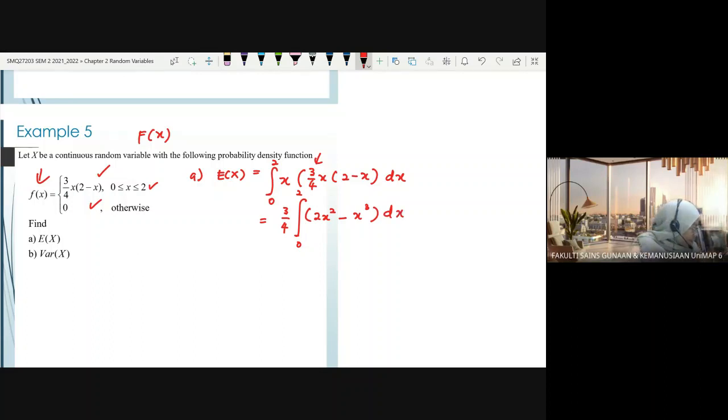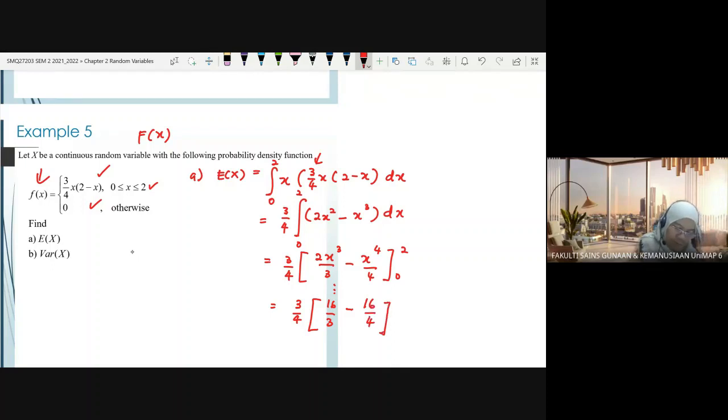Solve for this one. You will have 3 over 4, then you get 2x cubed over 3 minus x to the power of 4 over 4, from 0 until 2. If you solve this, you will get 3 over 4 times 16 over 3 minus 16 over 4 minus 0.